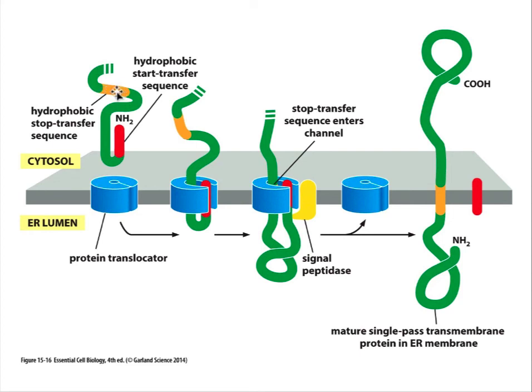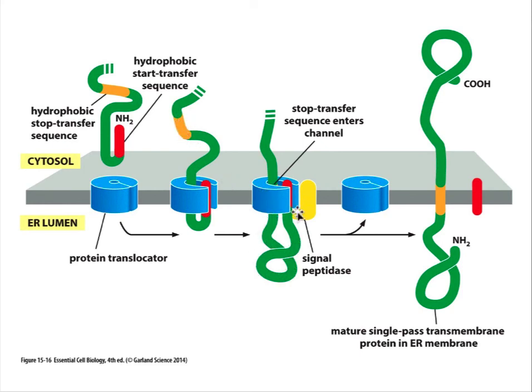And the orange segment, which is also part of the polypeptide chain, is a stop transfer sequence, and it communicates with the translocator. So the red sequence is required to attach to the translocator and orientate the polypeptide chain in the right direction. But the stop transfer sequence prevents any further passage of the growing polypeptide past the translocator. So it's basically a sticky element. It sticks itself to the translocator.